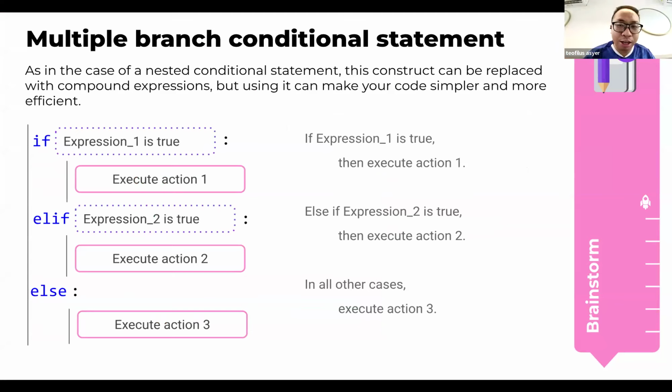Let's say you have four choices. The first one uses if, the ones in the middle, the second and third choices, use elif, and the last one is for else. You got it?